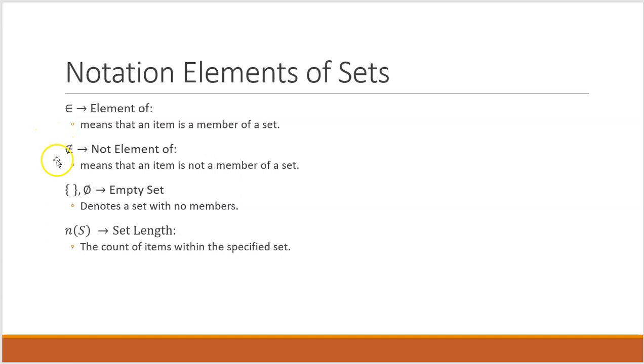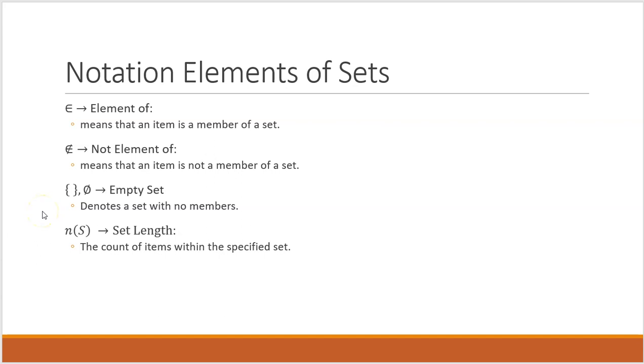The next one is not element of. Notice it looks almost identical to element of, except it's got a dash struck through it. The next one is braces with nothing inside it, or like an O with a dash in it. This means empty set. So it means there's a set and there are no items or members within the set.